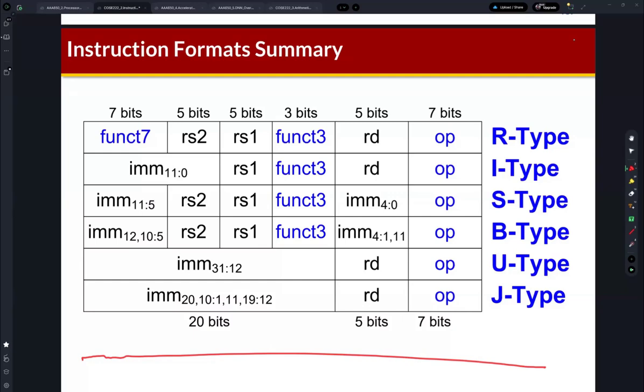So what are the common rules? The lower 7 bits are used for the OP code. And then usually the next 5 bits are used for RD. And then RS1 is here, or RS2 is here.